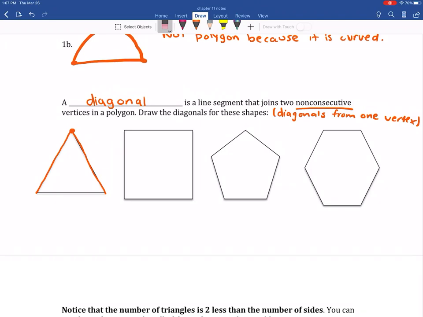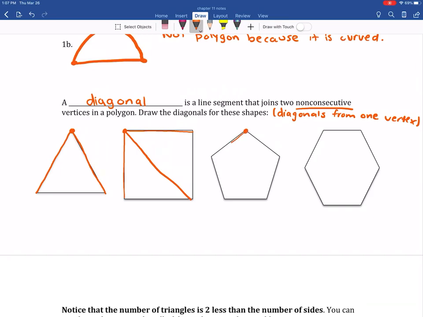So this one would have no diagonals. Okay, the next one, let's say I pick this vertex. If I draw this line, it's actually a side. So I can draw one diagonal, because if I draw any other ones, it would just be a side.